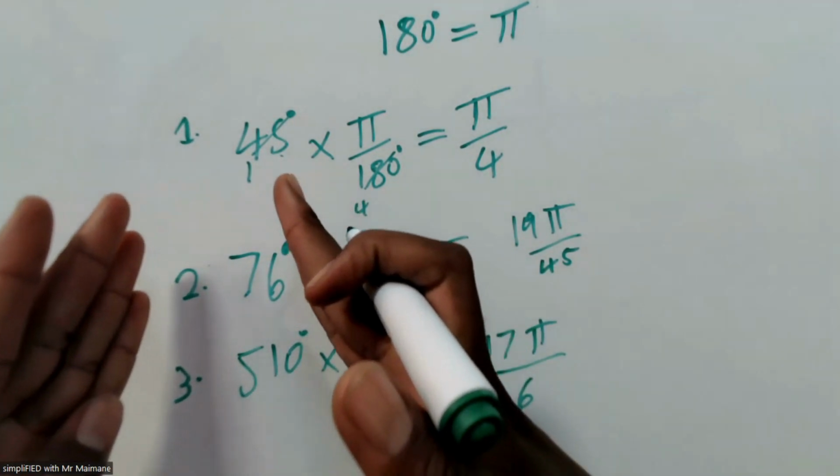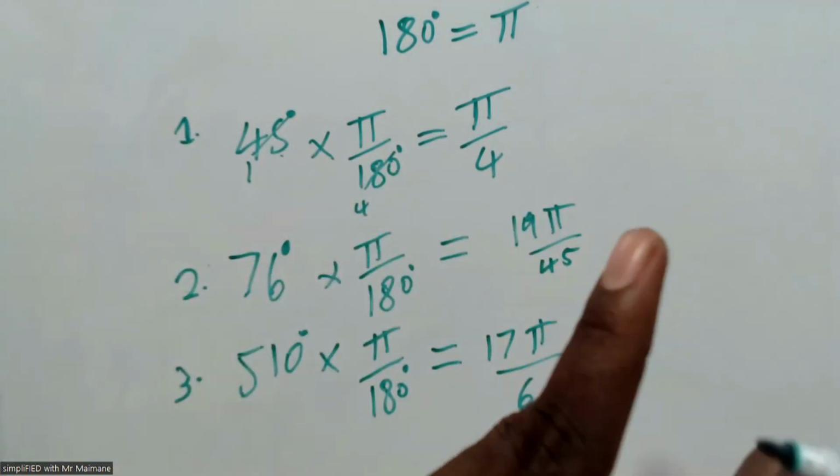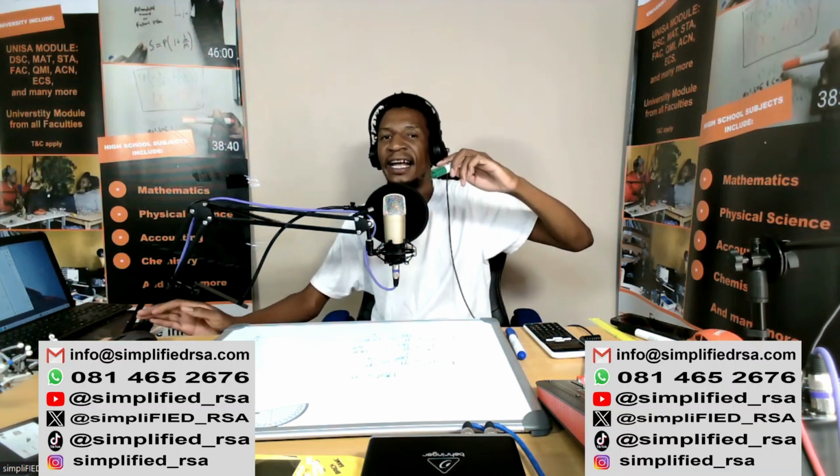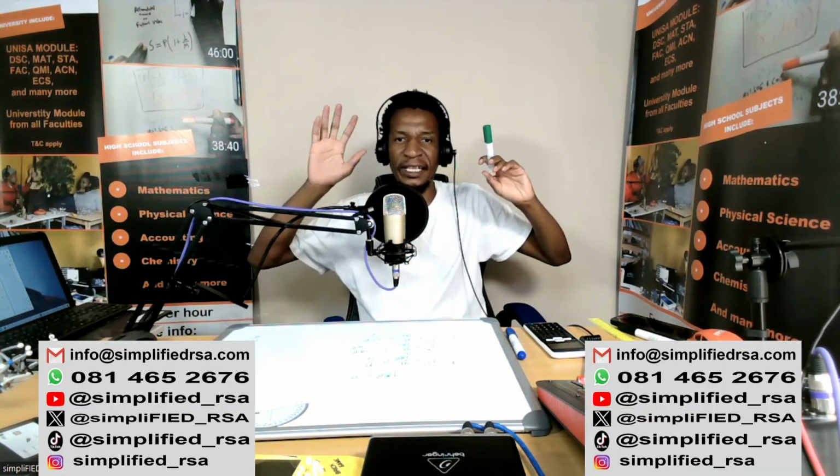Here, we're converting from degrees to radians. So in this example, we are showing how to convert from degrees to radians, right? And like I say, the relationship of radians and degrees is you can move from radians to degrees and from degrees to radians. Now, let's see how we convert from radians to degrees.